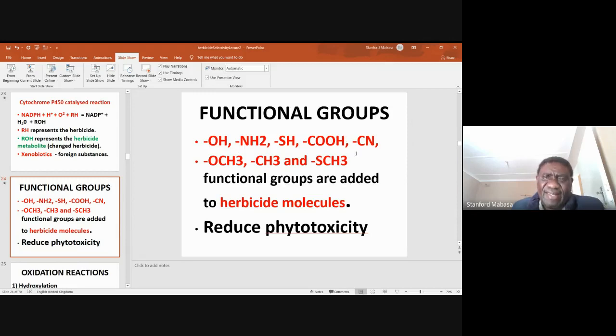All these in red are known as functional groups, and these can be added to herbicide molecules. Once the functional groups are added to herbicide molecules, there is going to be reduction in phytotoxicity. No wonder in some plants, the herbicides may not kill these plants, that is in crops. So in phase 1, let us remember that functional groups are formed.